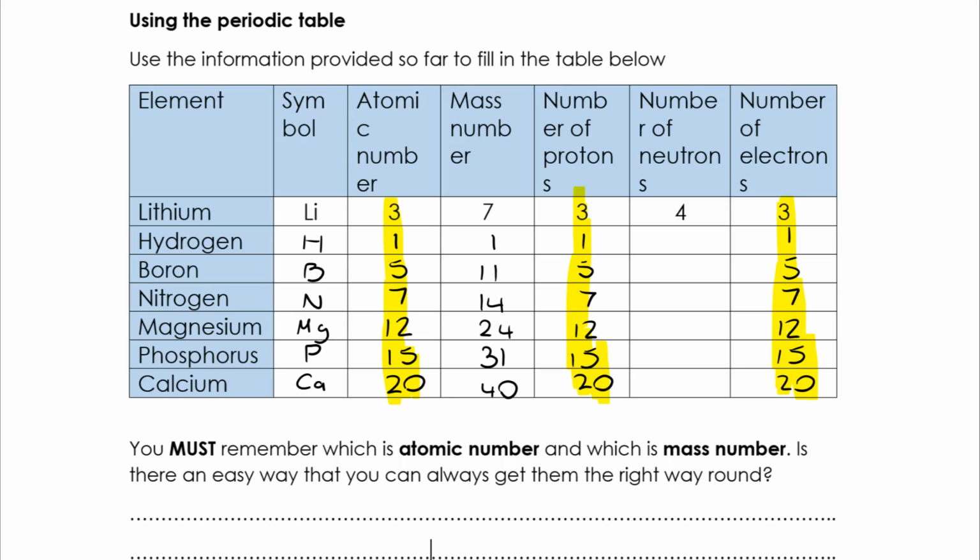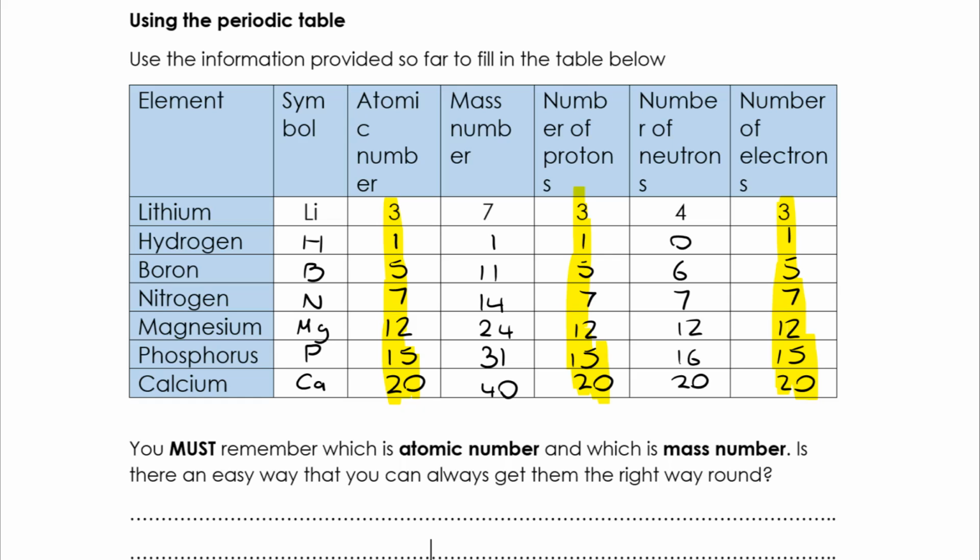And using the information from that last activity, my number of neutrons is going to be the mass number subtract atomic number. So boron, 11 take away 5, 6. Hydrogen, 1 take away 1, 0. Hydrogen is very much the anomaly as the only atom to have no neutrons.